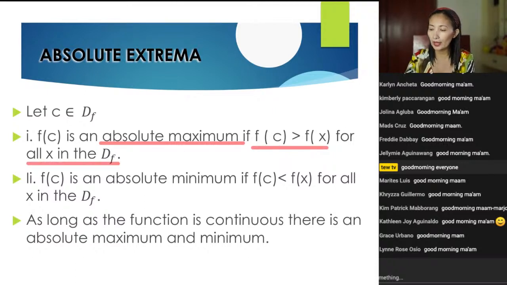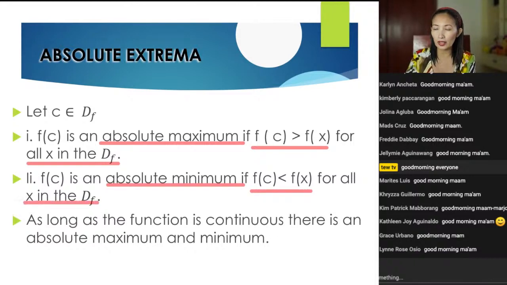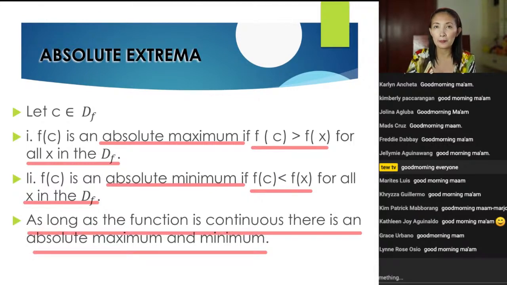And when is it an absolute minimum? If f of c is less than f of x for all x in the domain of the function. As long as the function is continuous, there is an absolute maximum and minimum.